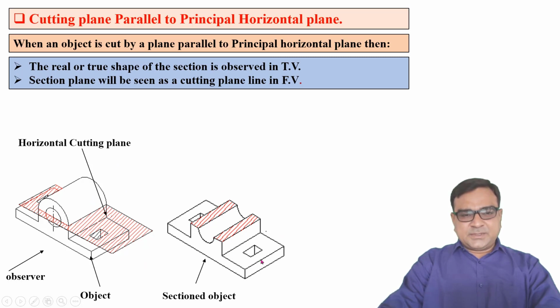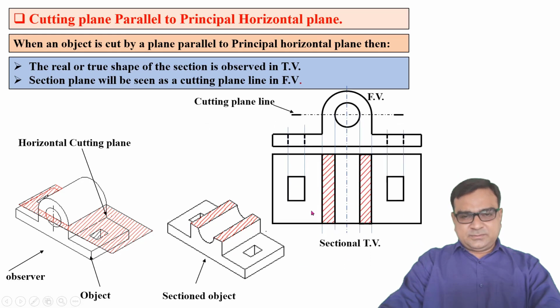When we observe the top view and front view, this is the front view, this is the top. But if you want to draw the sectional top view, then we have to remove the upper half portion. If you remove the upper part of the cutting plane, and then for the bottom part we observe the top view, that is known as the sectional top.